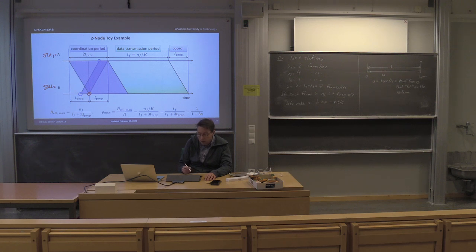So here we see the problem. Just listening to the medium is not enough to ensure that the medium is not occupied. Here, station B thinks that the medium is idle, is available, while actually station A has already started to use it. And station B will not know that A has started to use the channel until after a propagation delay.